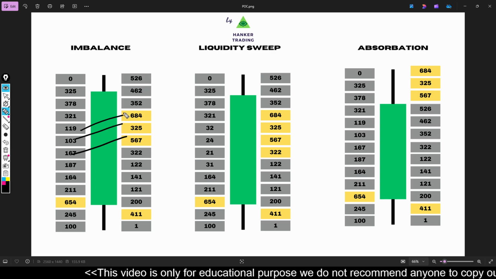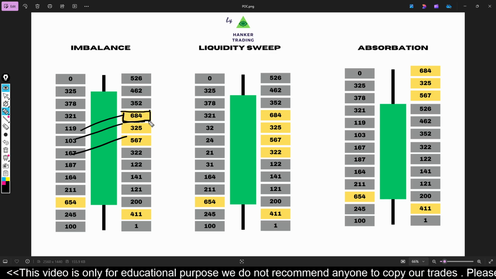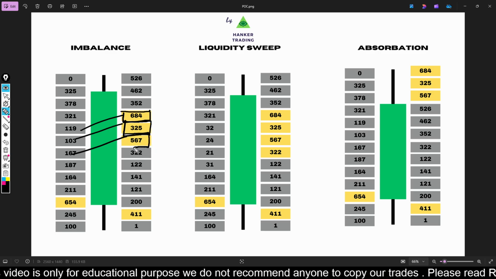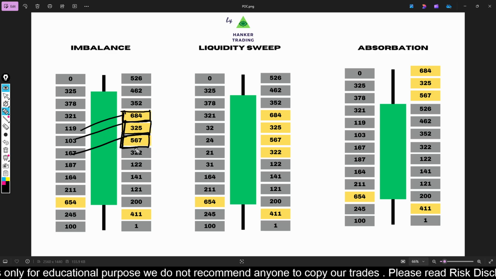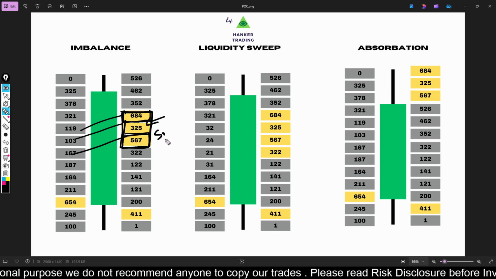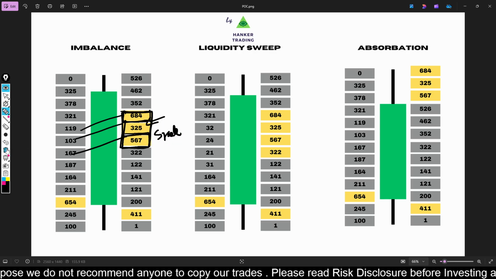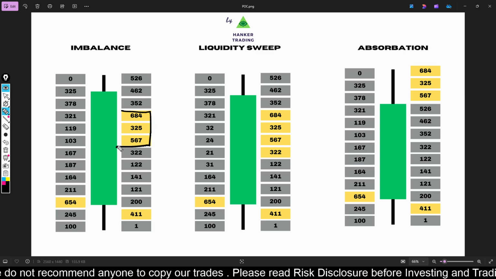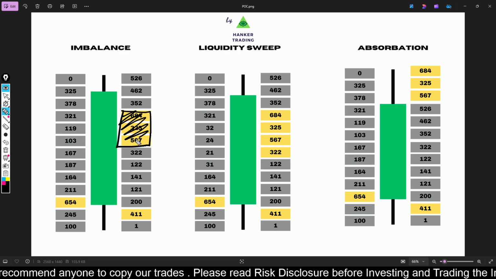Again, when these imbalances are plotted one above the other, where a complete stack has been created, this concept is called a stack imbalance. That means passive orders are lying here.